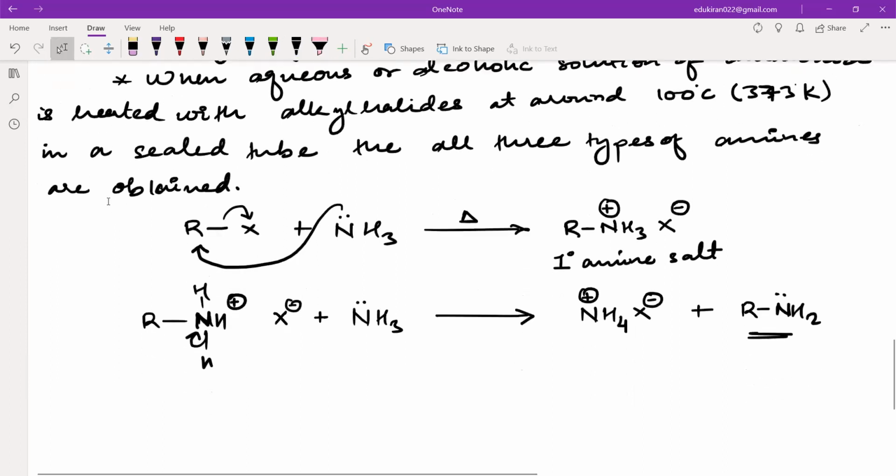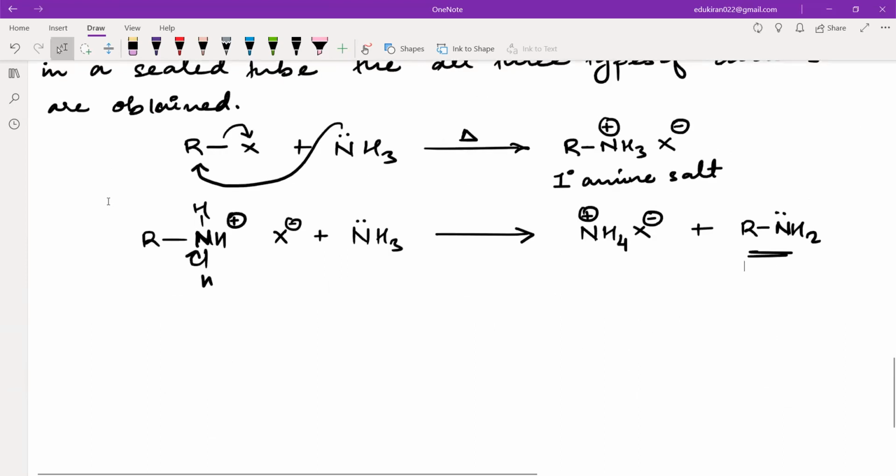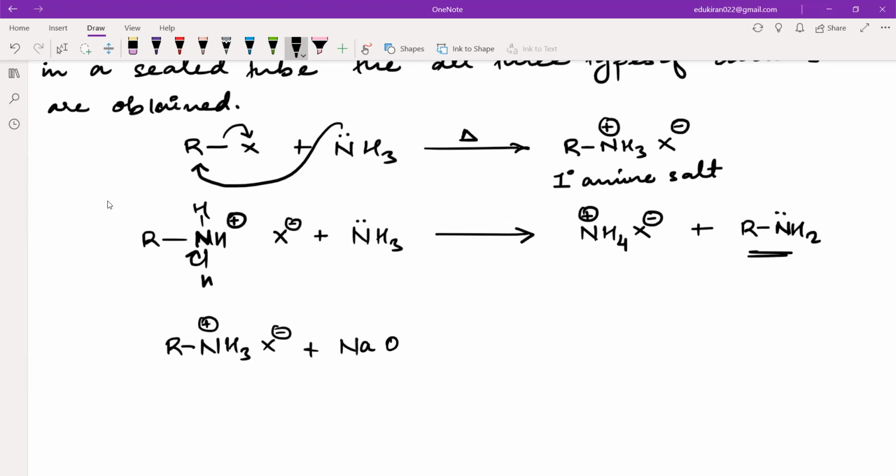Now next, if you have the 1 degree amine salt, another way to get the primary amine from the salt is to treat RNH3 positive and X negative with NaOH. Basically we are treating this with base. Here also it was a base, here also it is a base.